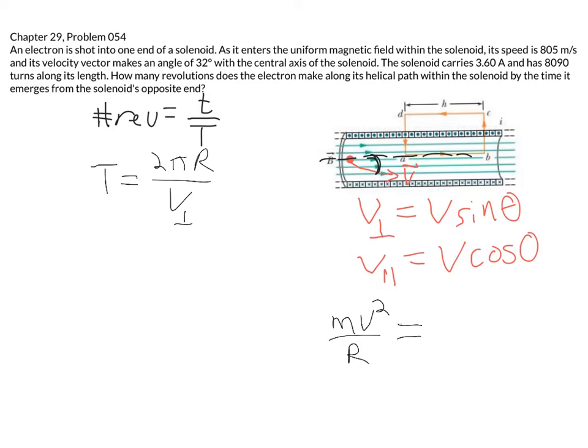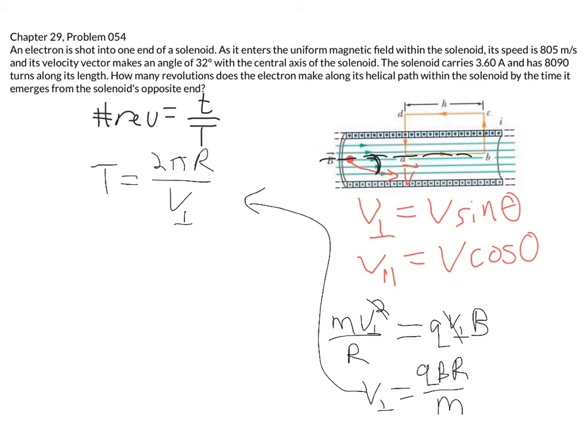From the definition of the force due to a B field on a moving charge, that has a magnitude of q v, again the perpendicular component of velocity in both cases, multiplied by the magnitude of the B field. So I can solve for v: my perpendicular component of the velocity is equal to q B r over the mass of my electron. I can plug this in up here and see what happens.